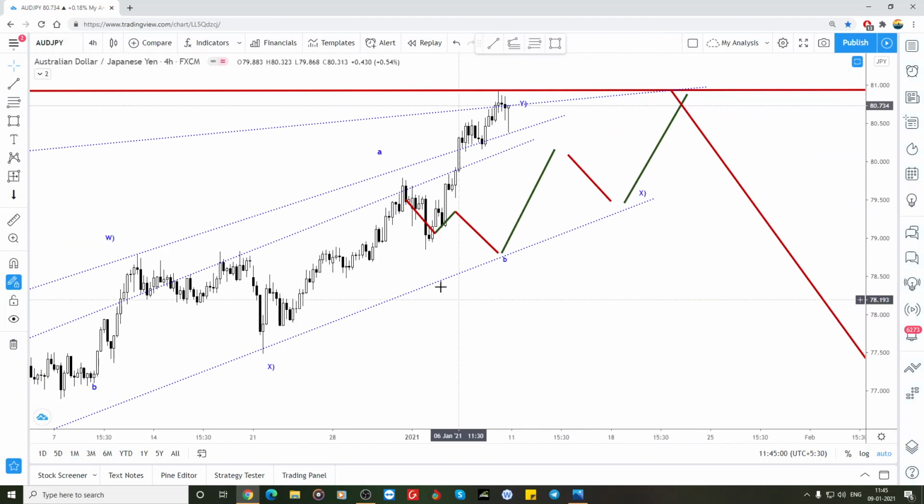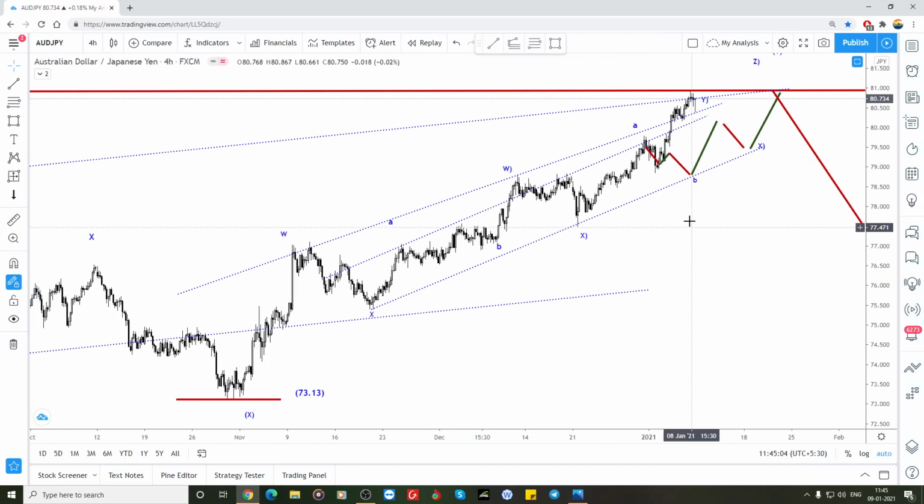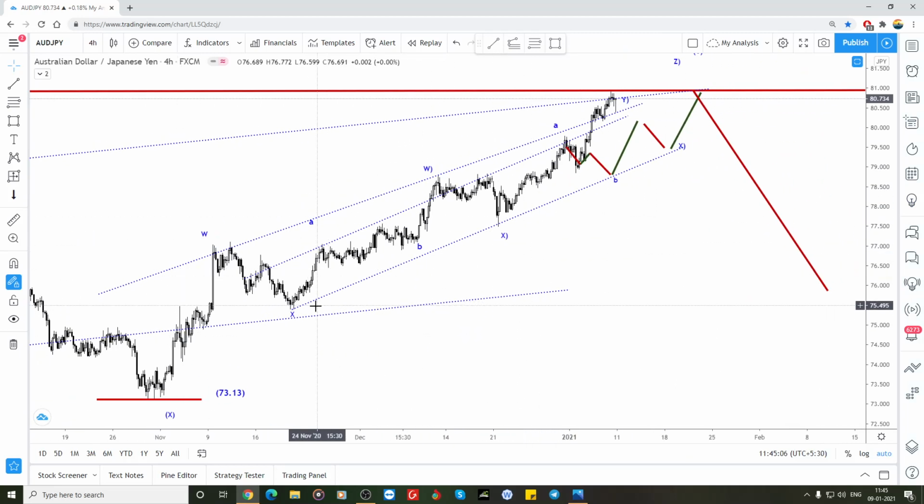See, A is completed. A lot of people are confusing, but I just draw as per my technical knowledge. I thought it may reach this point, and then again it has to reach within this.